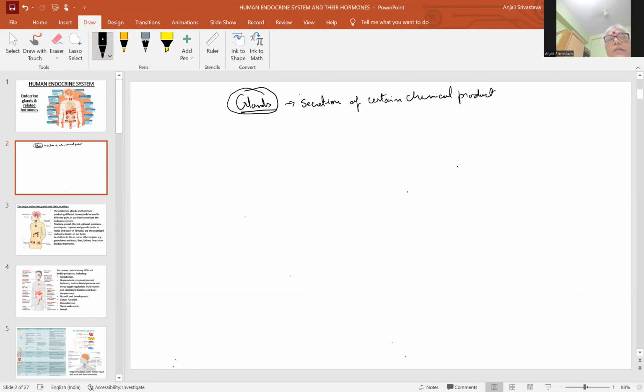These glands, very quickly, may be of two types in the entire human body: exocrine and endocrine. The secretions of the exocrine glands are called enzymes. In the majority, these chemical products are proteins.